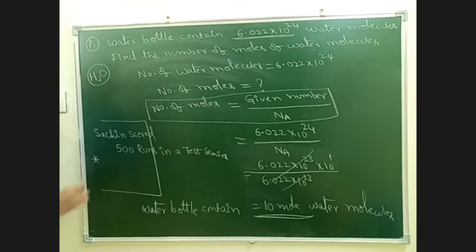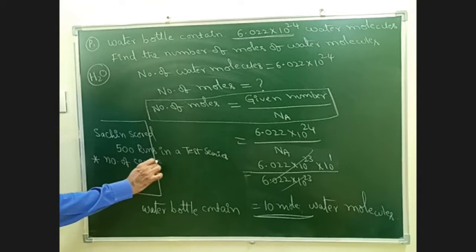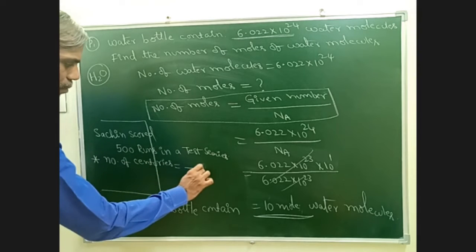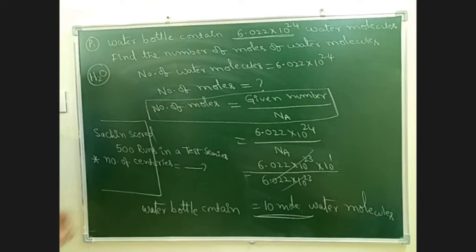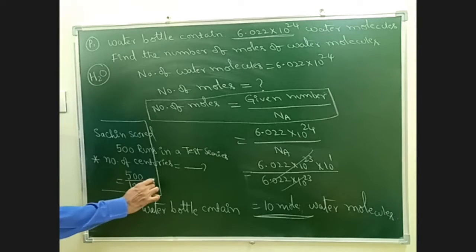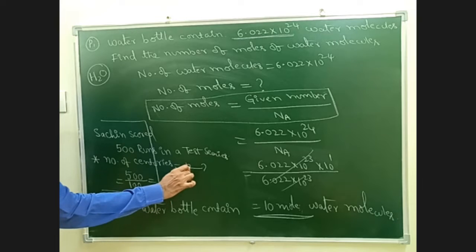Now someone asked how many centuries he could make. Number of centuries, how many? The total number of runs divided by 1 century. 1 century means how much? 100. So which is equal to 5 centuries.